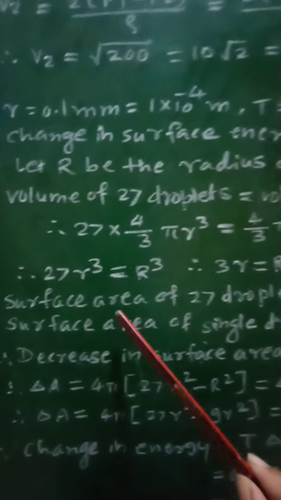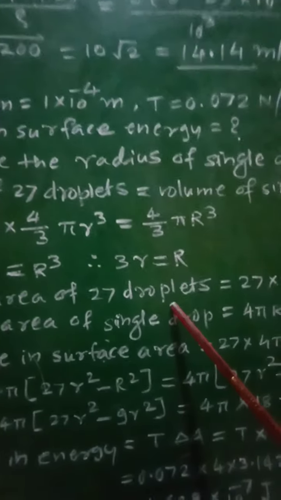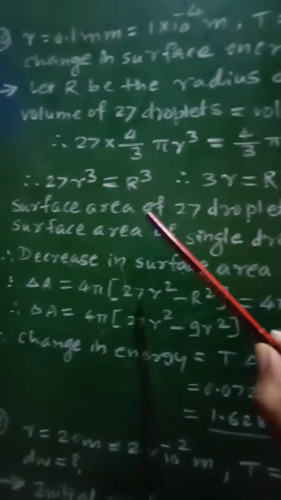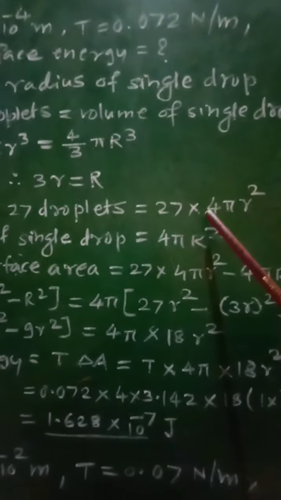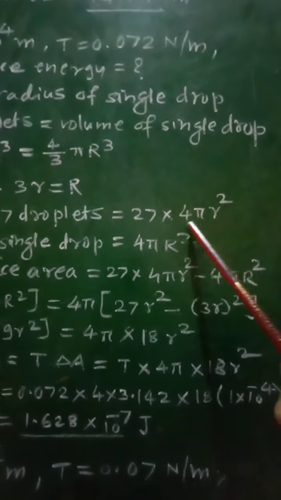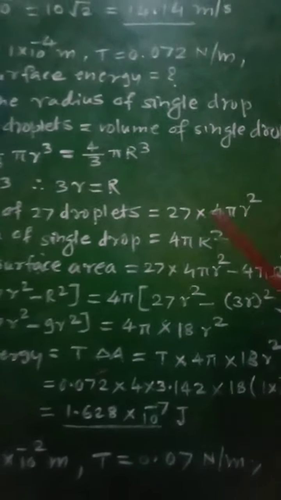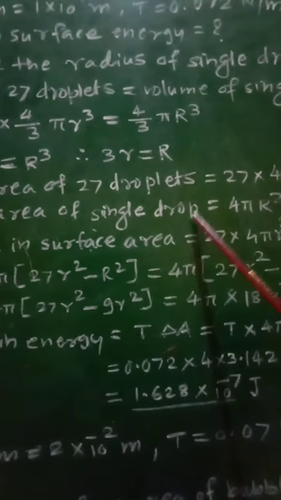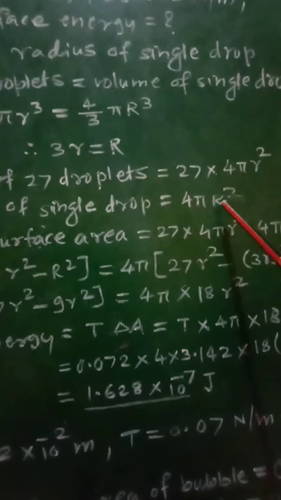Now surface area of 27 droplets we can calculate. So for 27 droplets, surface area will be equal to 27 into 4 pi r square. This will be the surface area of the sphere. Then surface area of single drop will be equal to 4 pi R square.